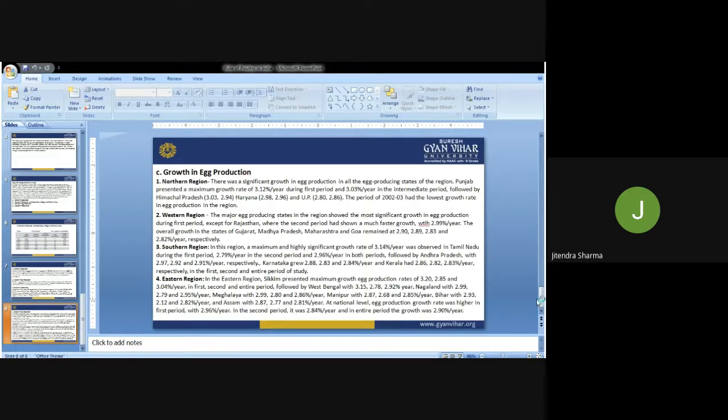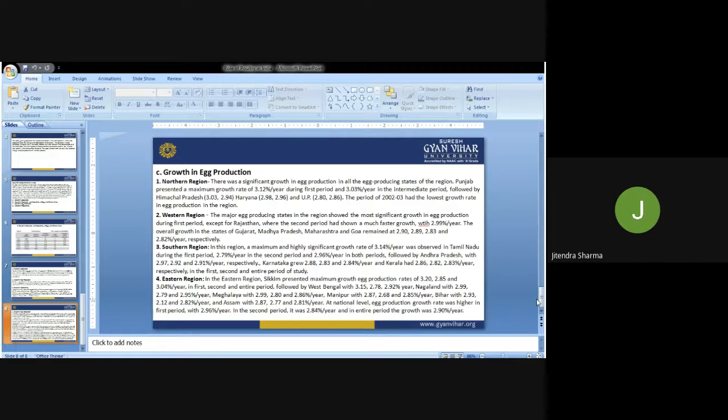Now, growth in egg production: northern region, western region, southern region, eastern region. Under these four regions, we find that all the poultry products are very important. In the northern region there was significant growth in egg production in all egg producing states.